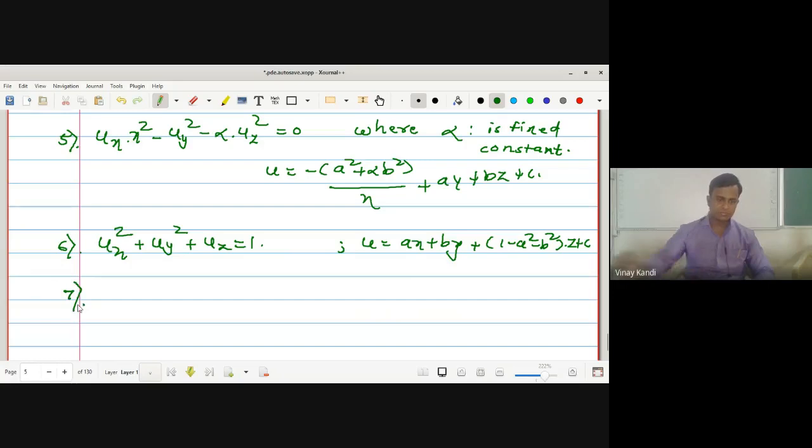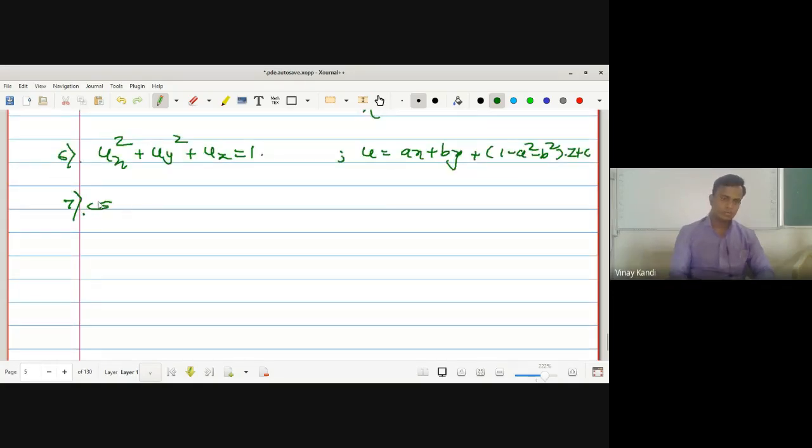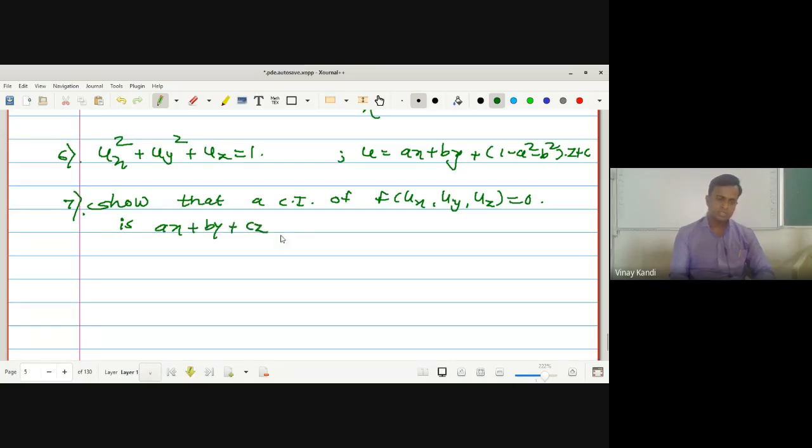Number 7. Show that a complete integral of f, a function of ux, uy, and uz, which is equal to 0, is ax plus by plus cz plus d, where f of a, b, c is equal to 0.